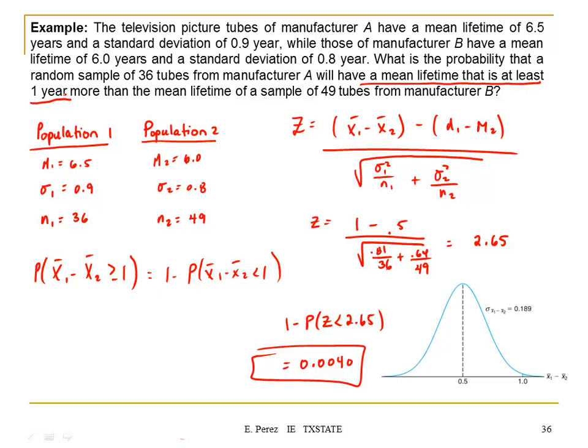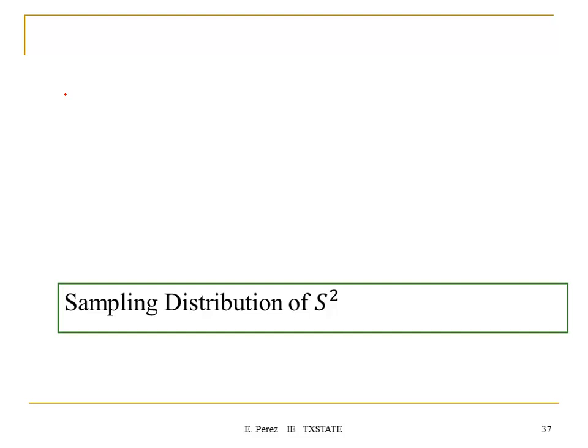Okay, so this concludes the topic on the estimation of the probability of the random sample or the sample mean. So now we're going to transition to a different type of statistic, and these are sampling distributions for s squared, which is the sample variance.